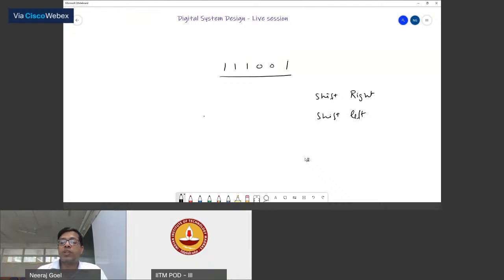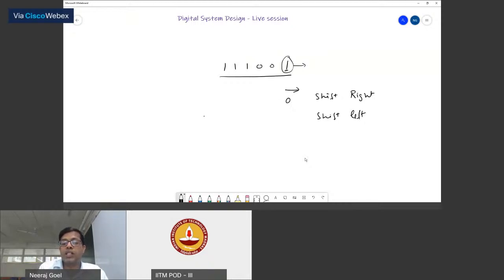If I want to shift in the right direction, that means I want to shift in this direction. When we are shifting here, one bit will keep on being shifted. This one would be shifted, but there is nothing here, so we most likely would like to discard this.